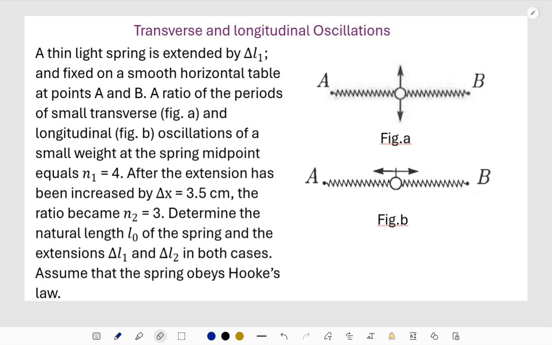Let us solve this problem for longitudinal oscillation first. In the first case, the spring length is simply L0 plus delta L1, where L0 is the natural length of the spring.